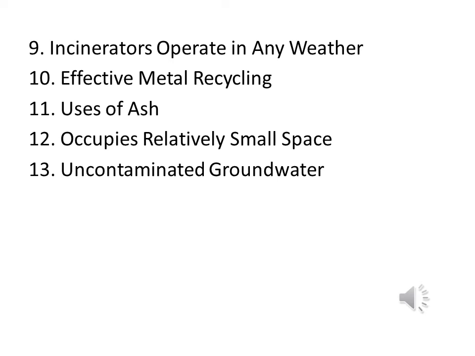It will also reduce liability issues. 12th one is occupies relatively small space. Incineration systems occupy relatively small space. Therefore, these are a convenient and practical solution for managing waste.